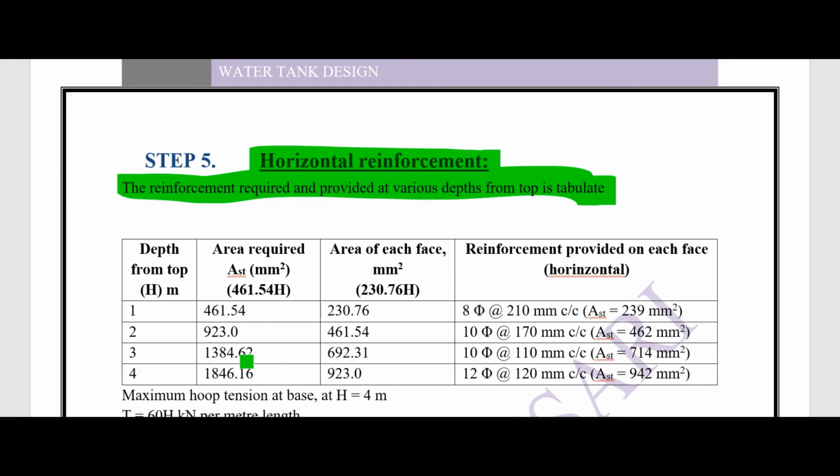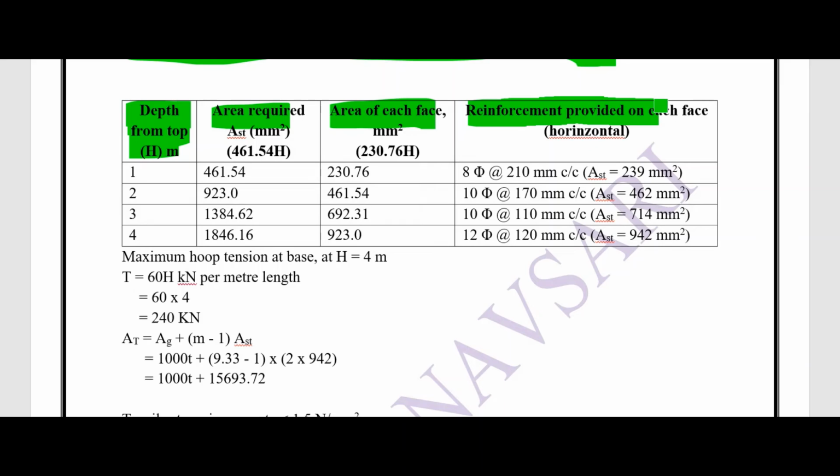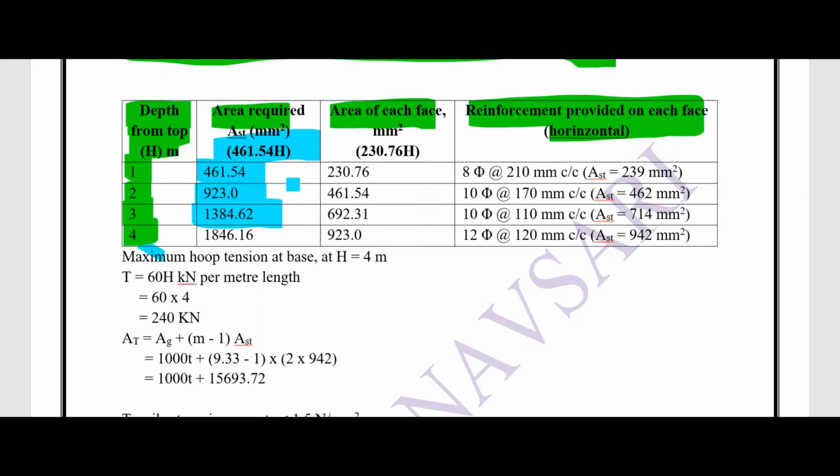We have to provide horizontal reinforcement at different heights. First we make this table: depth from top, area required, area of each face, and reinforcement provided on each face. We have heights of 1 meter, 2 meter, 3 meter, 4 meter. The Ast equation is 461.54 into capital H, so we just put the value of H here: 1 into 461.54, 2 into 461.54, 3 into 461.54, 4 into 461.54.